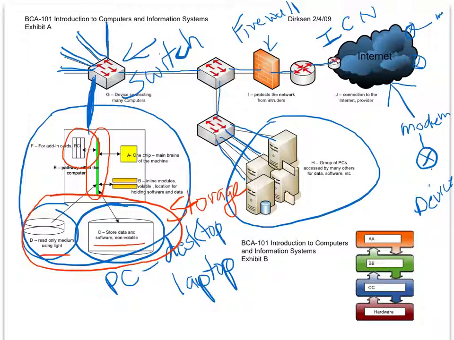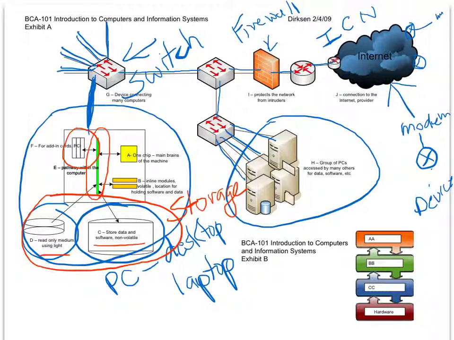Okay? For example, I should talk a little bit more about this. I'm going to change colors again. So when you turn on your computer, there's some ROM chips, and it has the BIOS, and we don't need to understand all that, but your computer boots up, and then your computer automatically loads the operating system.